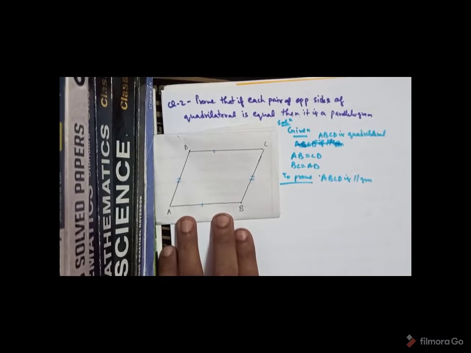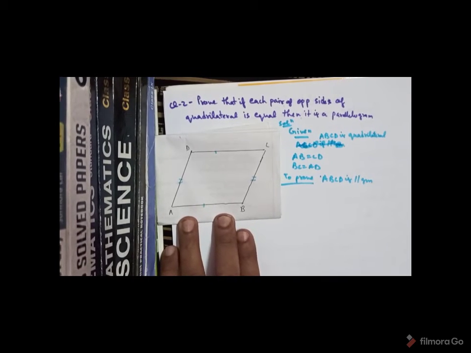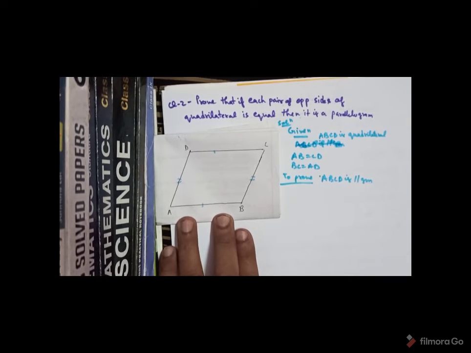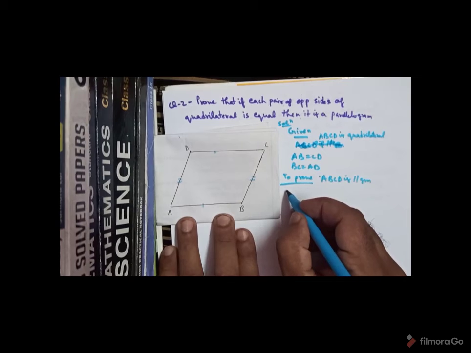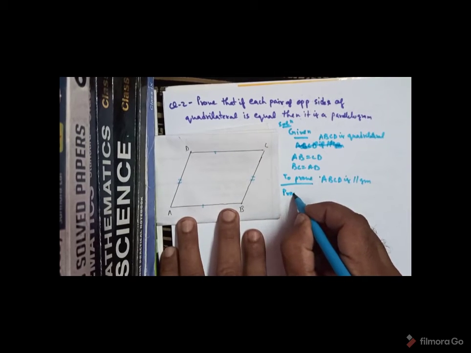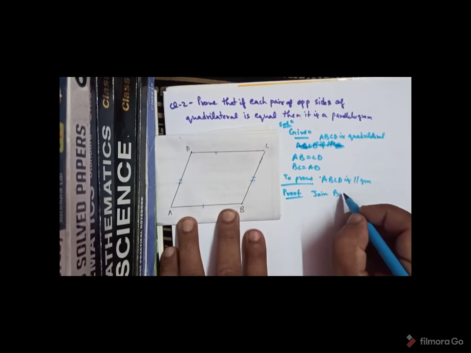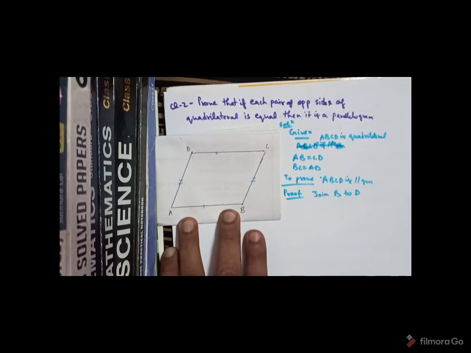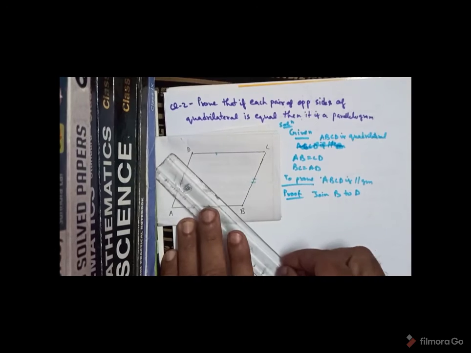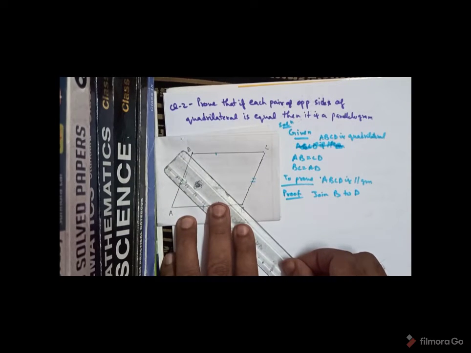So the first step is that we will join the diagonal. Proof: join diagonal B to D. Suppose, any diagonal you can draw. So I am joining B to D. Okay, just wait a second.